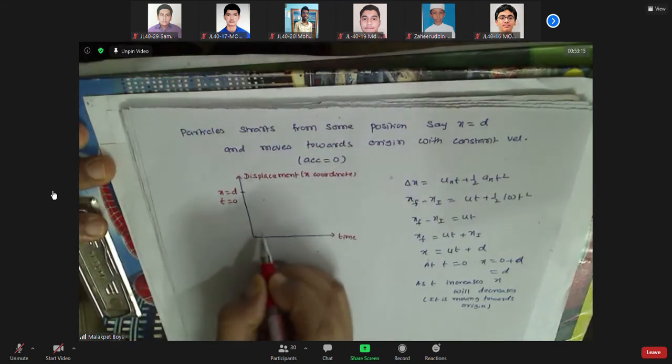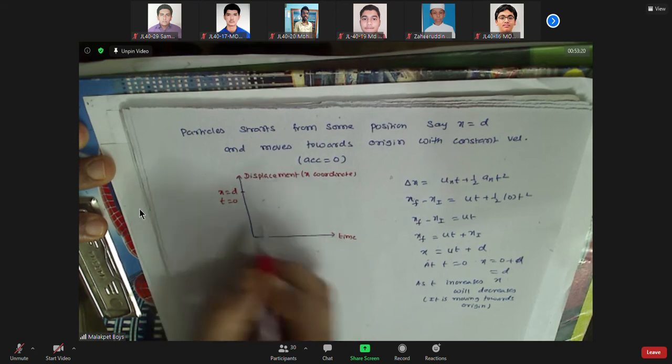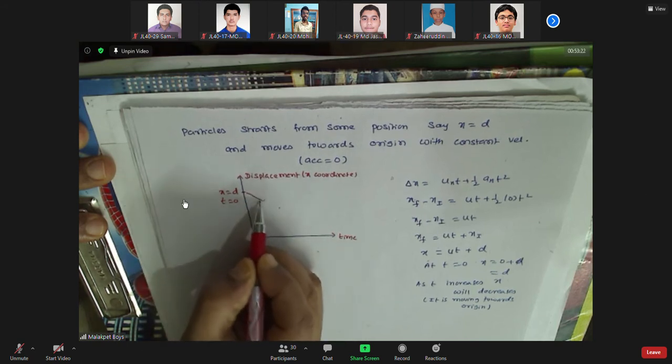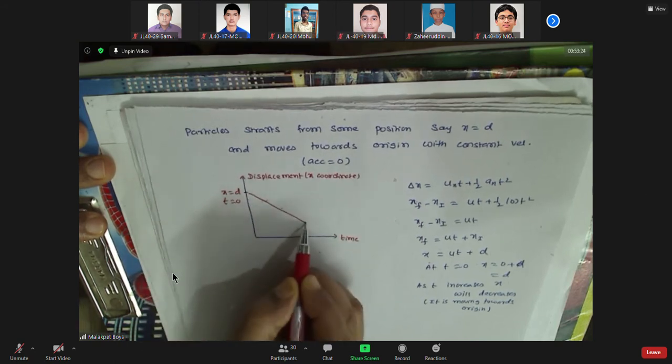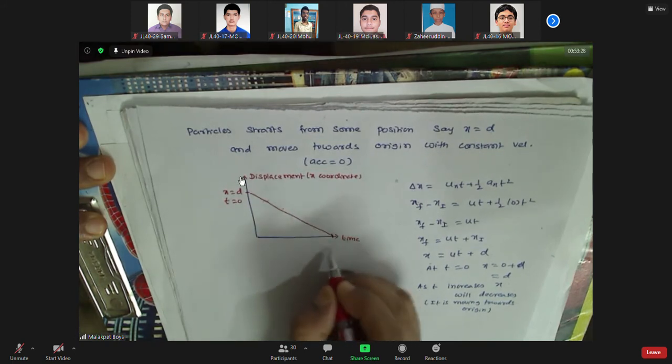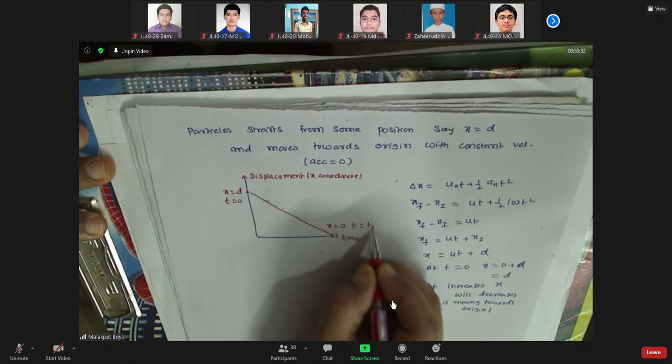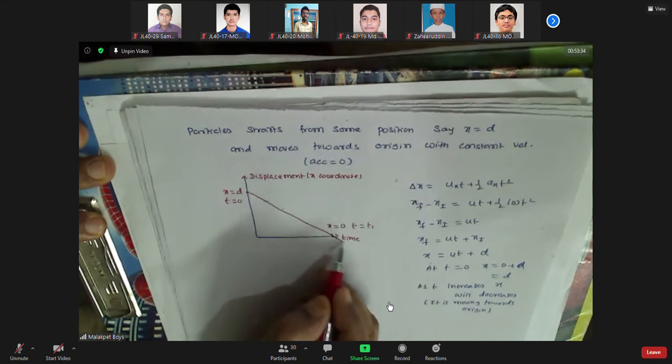As time increases, what happens to the x coordinate? It decreases slowly. At some point, it should reach here. Agreed? Here, x is equal to 0 at some time. After this, it may go along the negative also, no?